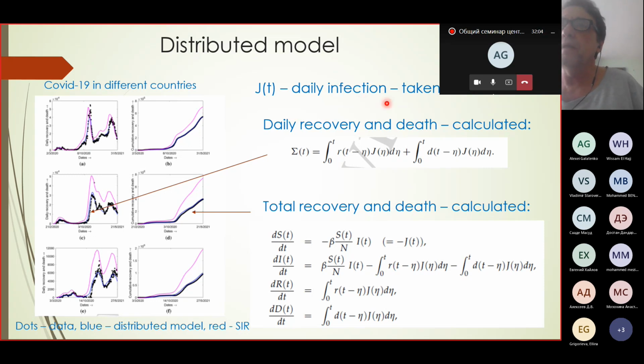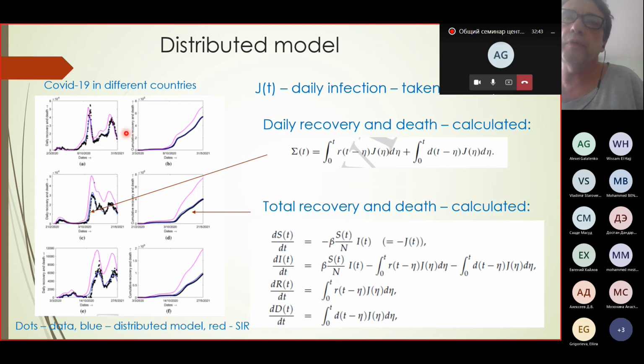Once we know J of t, and we also have the kernels R of t and D of t, distributed recovery and death, we can calculate these integrals and find the function sigma of t, the daily recovery and death. So this formula gives us daily recovery and death if we know new daily infections. Let us look at the graphs now.